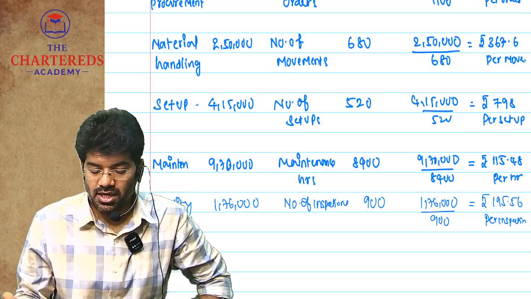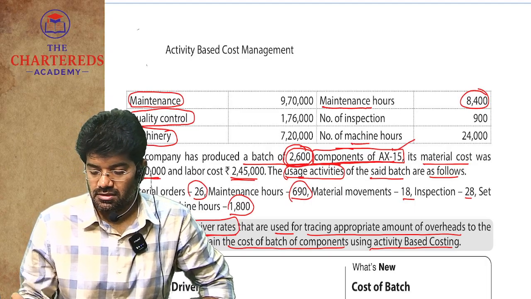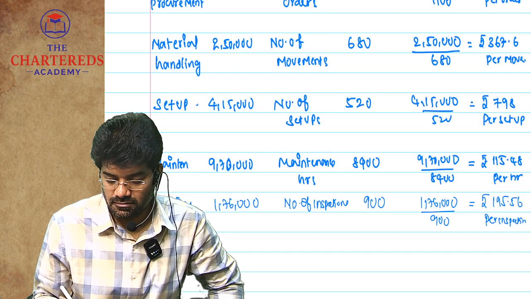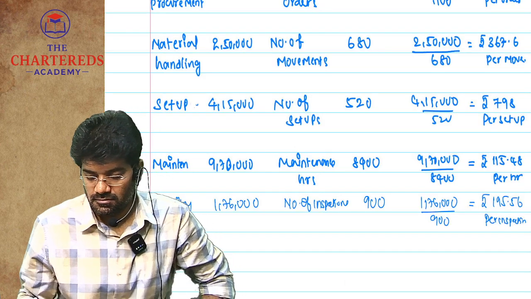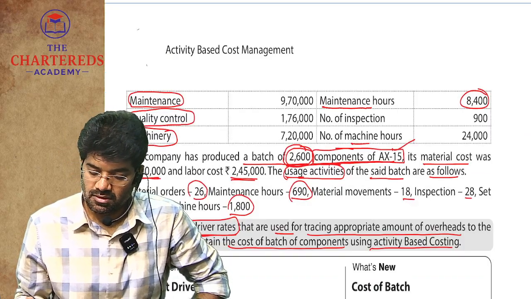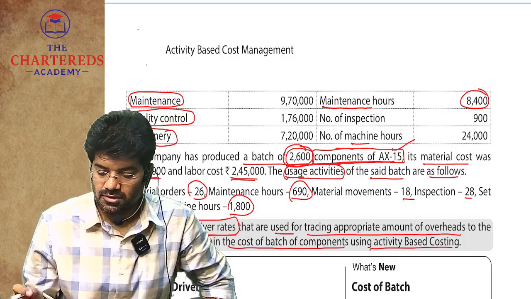Next one is machining. How much? 7,20,000.